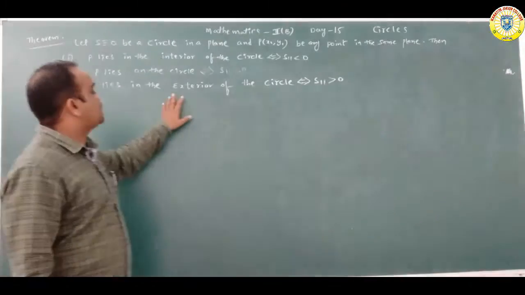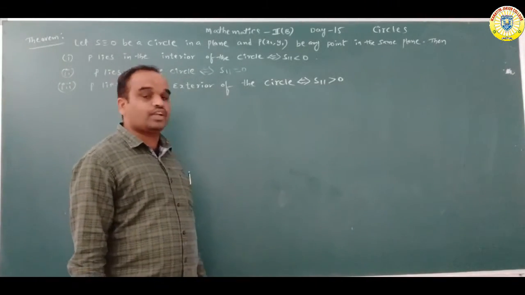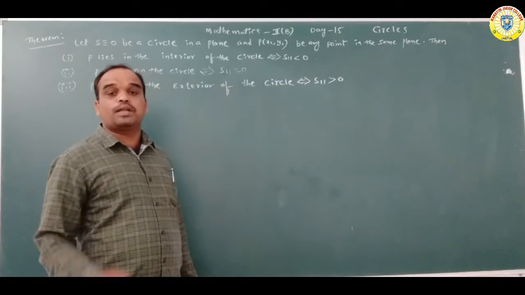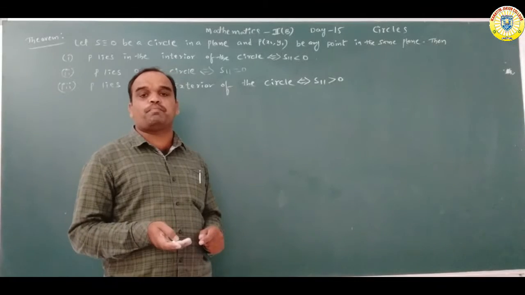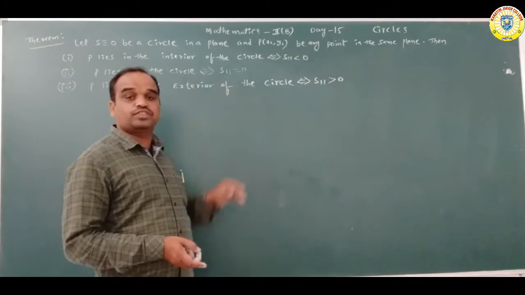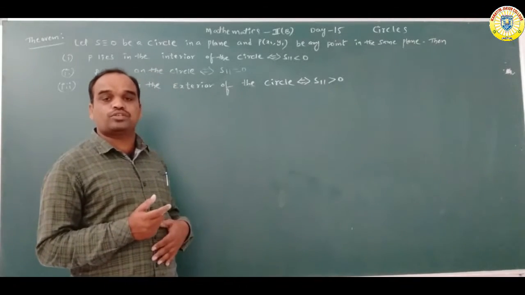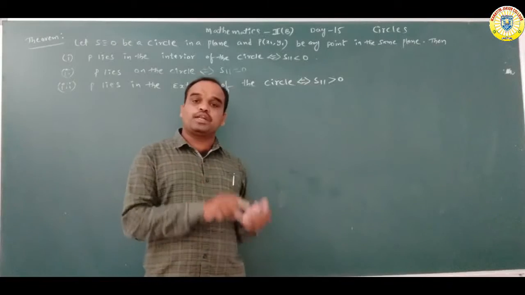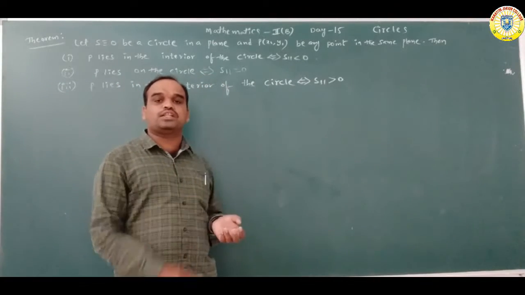P lies in the exterior of the circle if and only if S11 is greater than 0. So by using this theorem we can find the position of a point with respect to the circle: interior point of circle, exterior point of circle, or point on the circle.